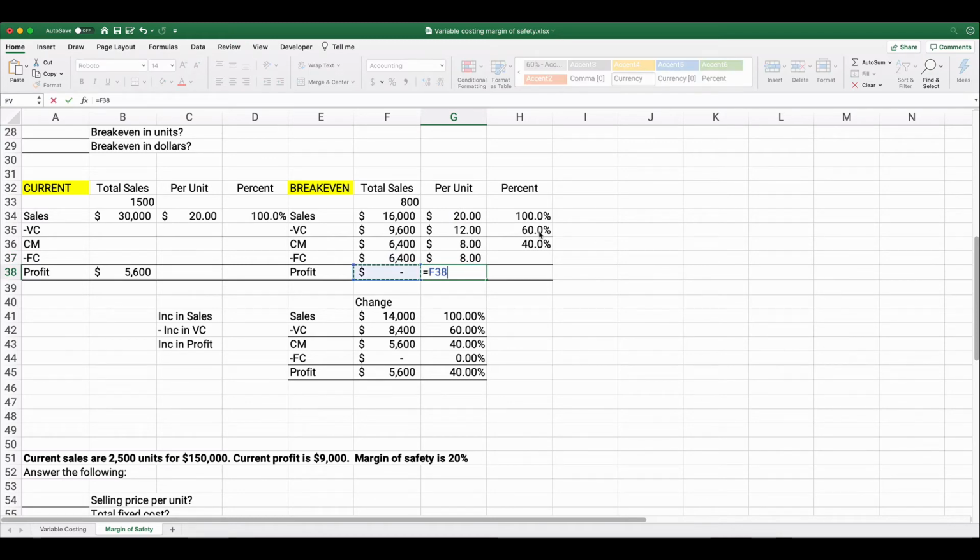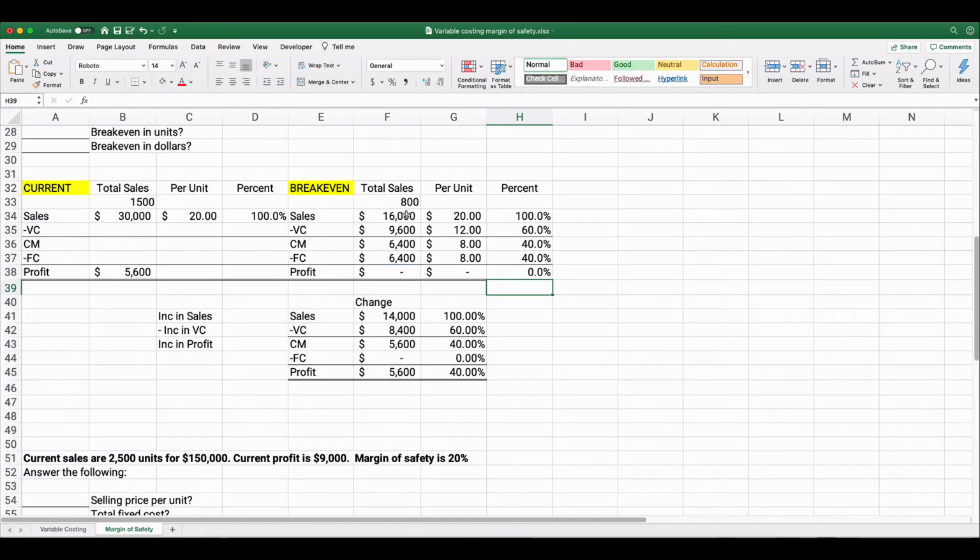Well, 0 divided by 800 units is going to be 0 per unit. 6,400 divided by the original 16,000, that's 40%. And then 0 divided by the 16,000 is 0%.